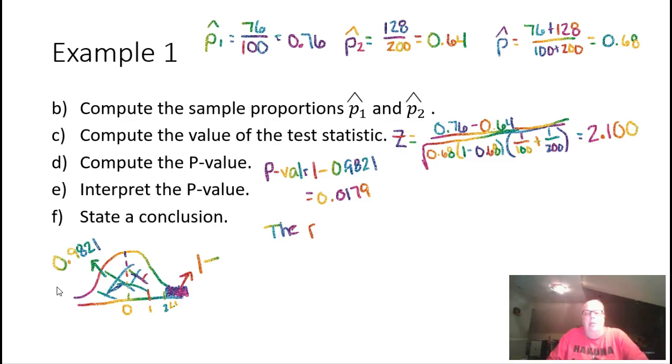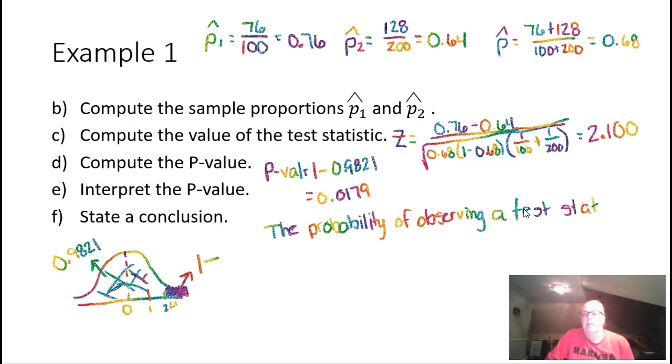The probability of observing a test statistic as large or larger than 2.10 is, this will be our p-value, 0.0179.